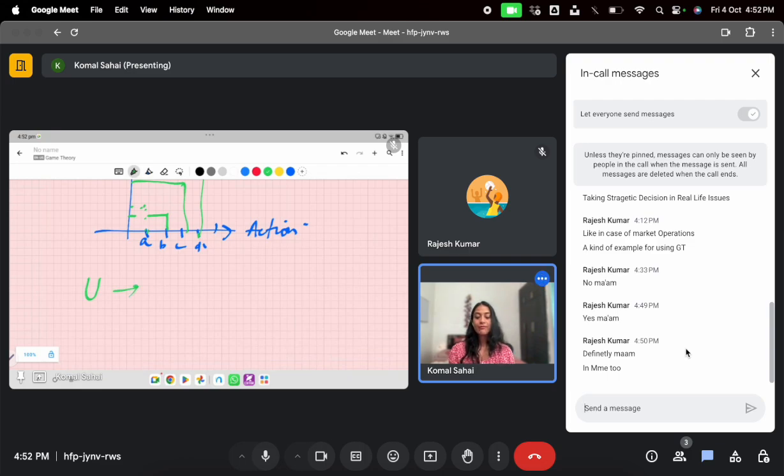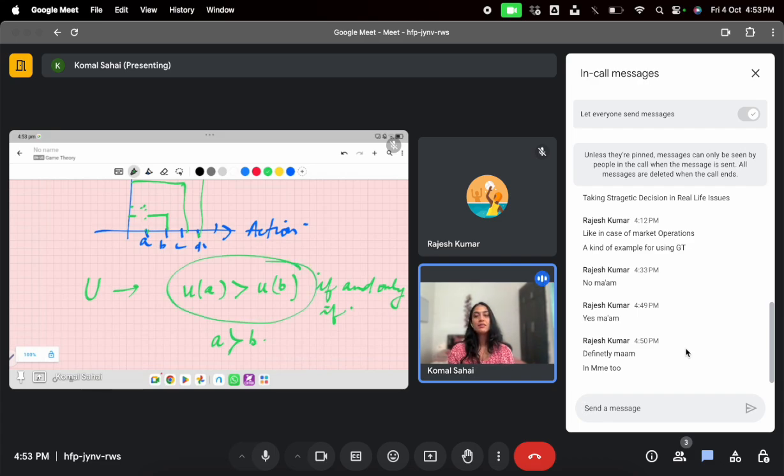This will be the case if, for example, UA, whatever number you're getting from A, is greater than the utility number that you're getting from B, if and only if the individual prefers A over B. ये prefers का साइन था, right? तो अगर इंडिविजुअल का प्रेफरेंस जो भी A एक्शन लेने से जो भी आउटकम आ रहा है, अगर इंडिविजुअल वो आउटकम को प्रेफर करता है over B, then your utility function, your payoff function should capture that.